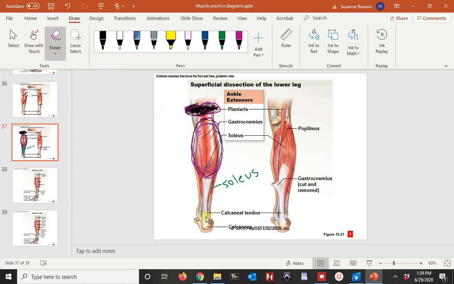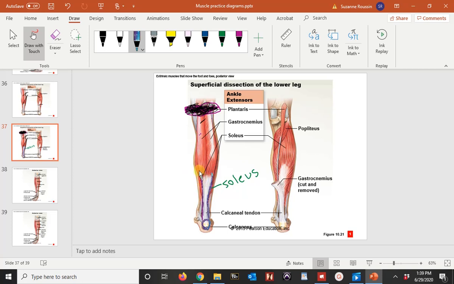So this white part down here is the calcaneal tendon, because this bone right here, your heel bone, is called the calcaneus, remember? So this white tendon that attaches to the calcaneus is called the calcaneal tendon, however you pronounce it, however it's going to help you remember how to spell it.